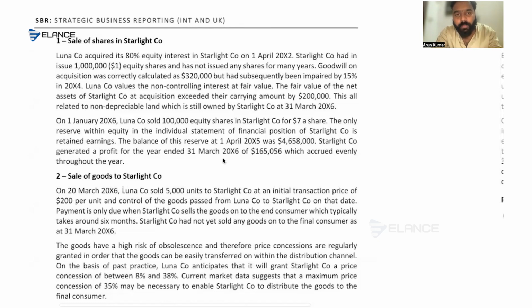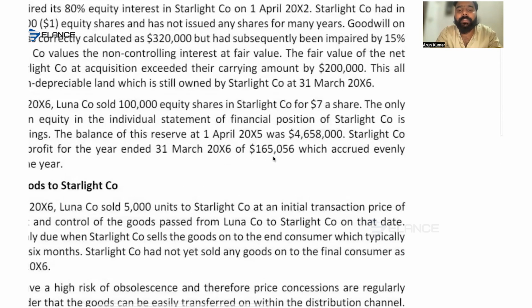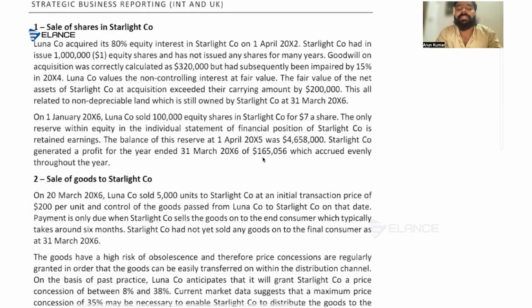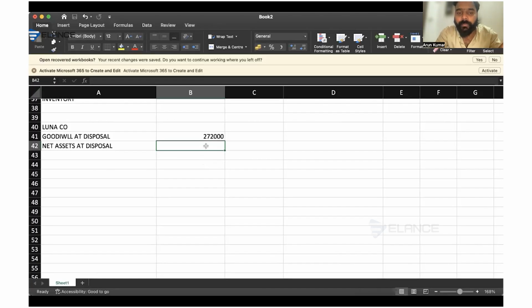They have said that for the next accounting year, the company has made a profit of 165,056, right? So 165,056 is the profit they have made in the next commencing year. So how will you get the net asset value? This 4,658,000 plus 165,056 into 9 by 12.